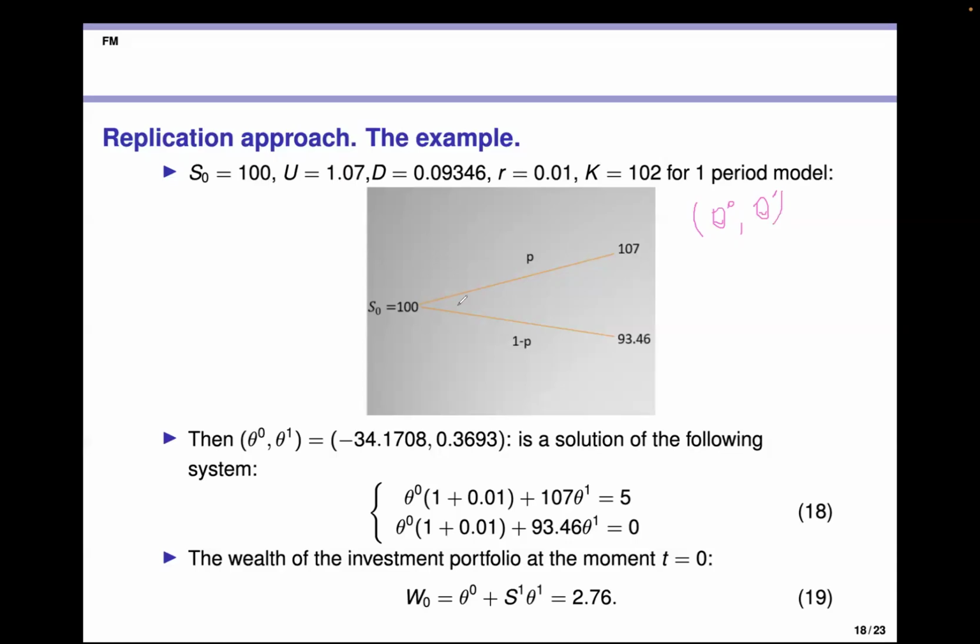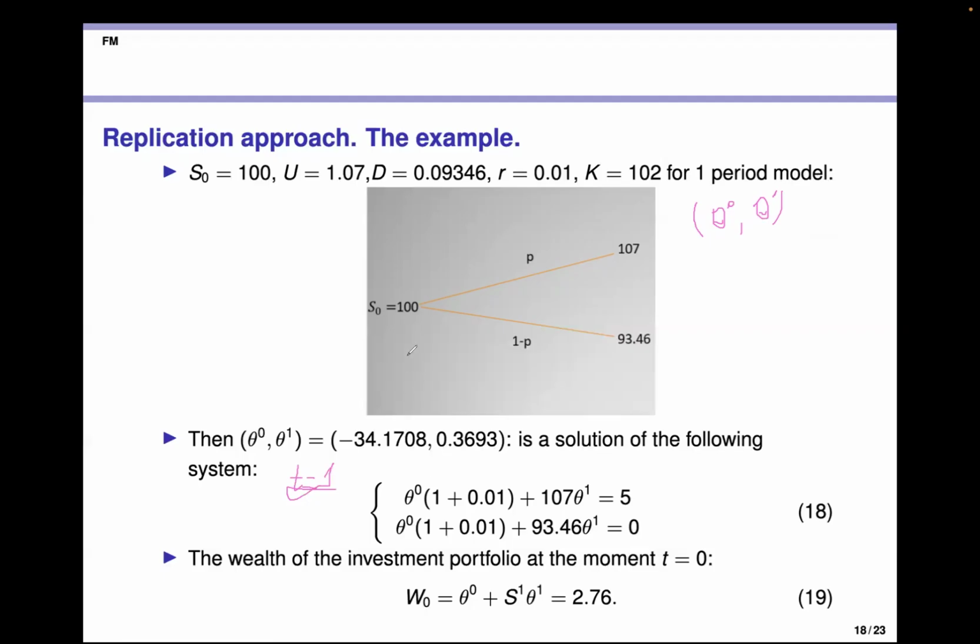At the moment t equals 1, we have the payoff from the cash: cash multiplied by 1 plus r, how much we have at the end of the period. For example, 1 year.